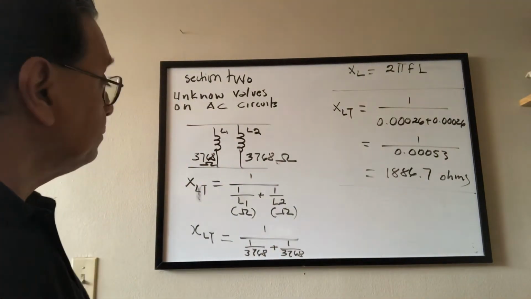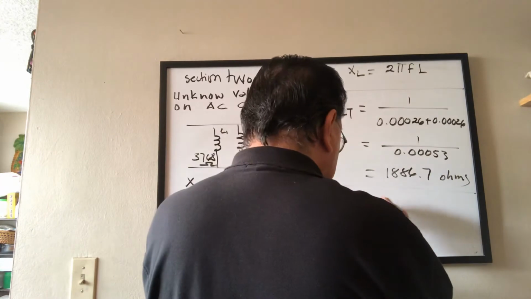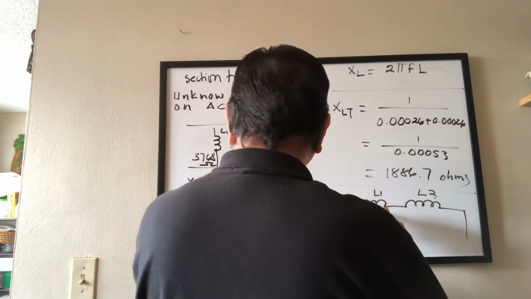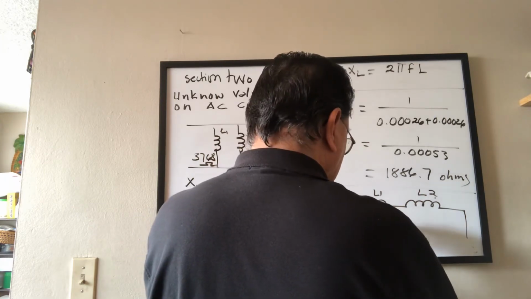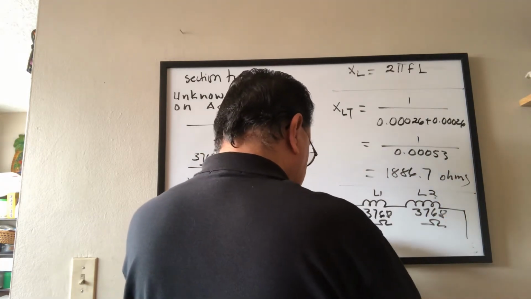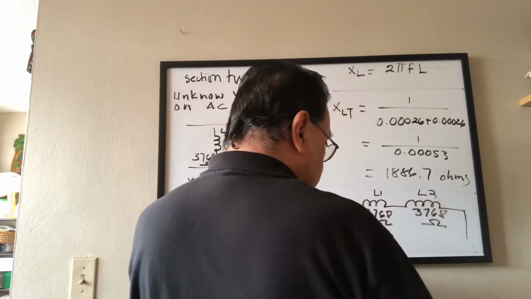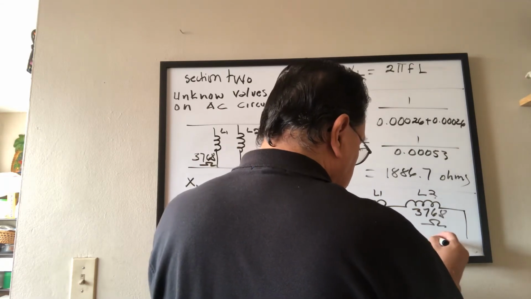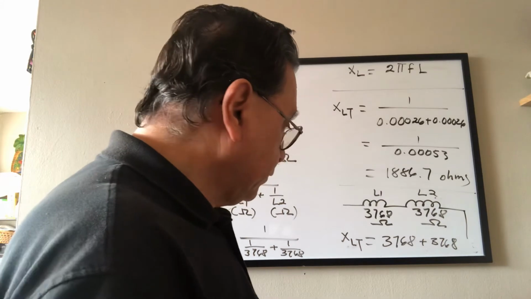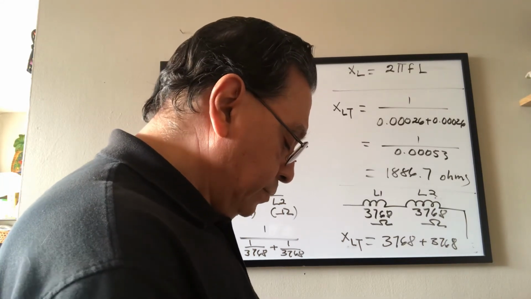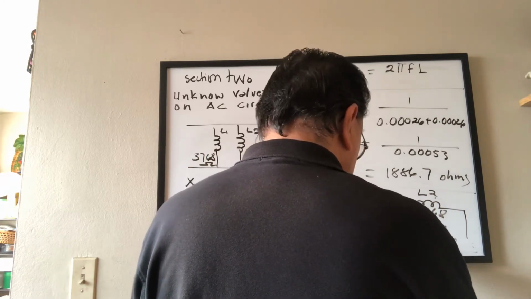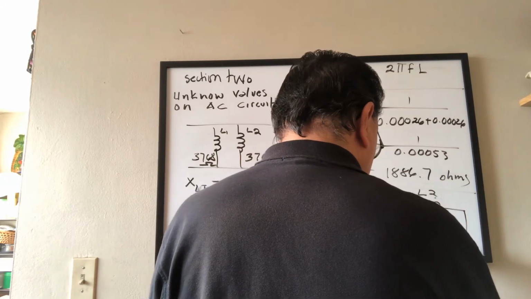Because inductances behave like resistors, when you have them in a series circuit, and this is 3,768 ohms, and this is 3,768 ohms, the total resistance presented by these two inductances is equal to R for both of them, because they behave as resistances in a series circuit. 3,768 times 2 is equivalent to 7,536 ohms.